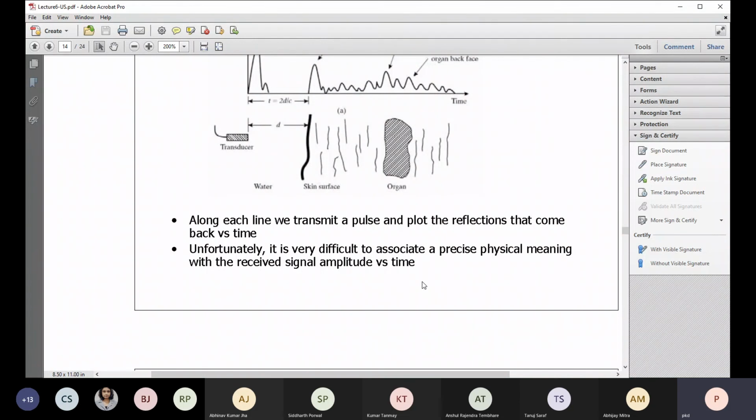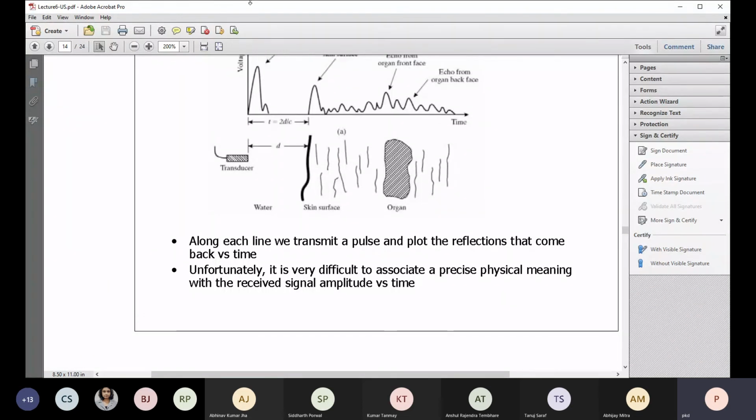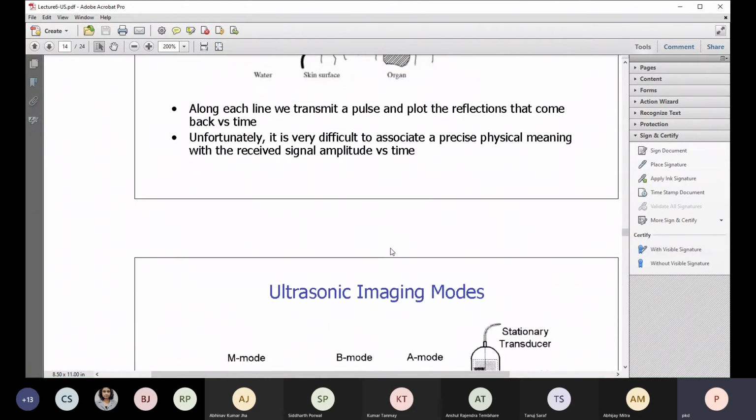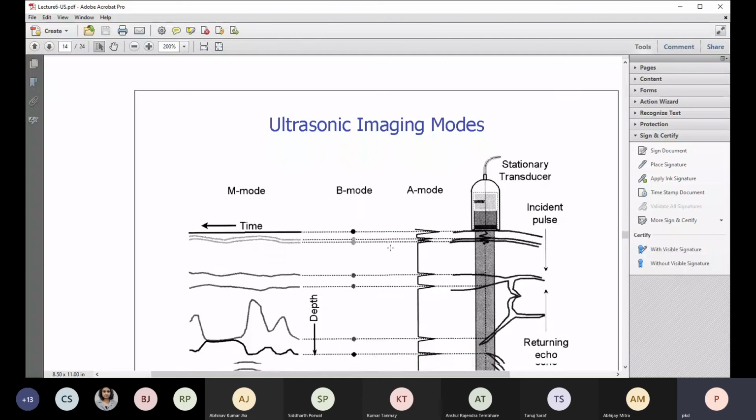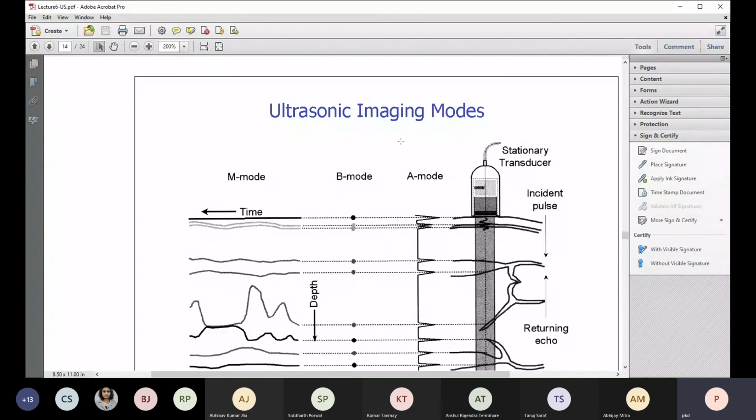As the human body and its organs are quite complex in terms of scattering points and their distribution, generally it is not very easy to correlate these amplitude patterns unless they are put in some context. This is the amplitude mode, where reflections are being measured.